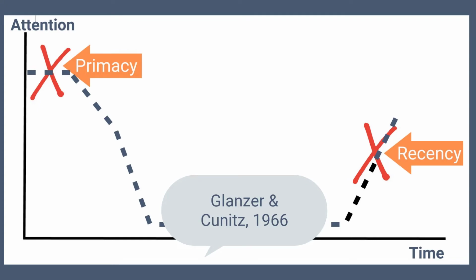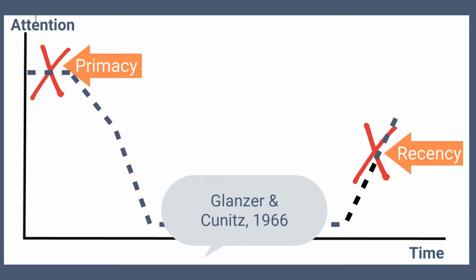Now the attention listening curve is also quite interesting because this also kicks into a theory of communication, and it's to do with primacy and recency. Now this is a pretty easy theory of communication. Primacy is basically the theory that says we tend to pay attention to, listen to, and remember the first things in communication.